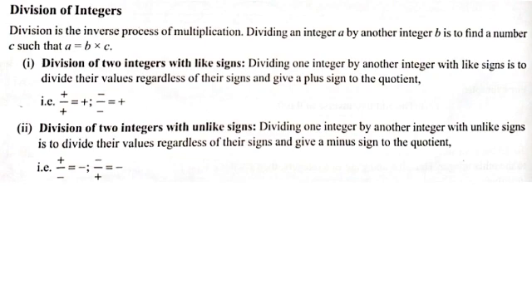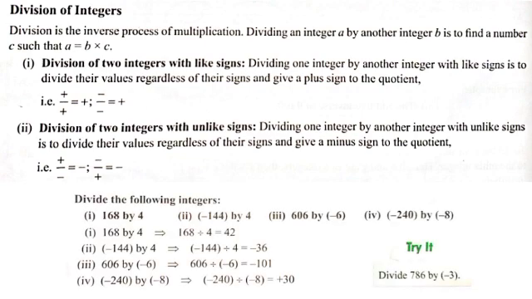Dividing one integer by another integer with unlike signs is to divide their values regardless of their signs and give a minus sign to the quotient. Let's have an example. 168 by 4. Here the answer is going to be 42, and positive by positive is equal to a positive sign.